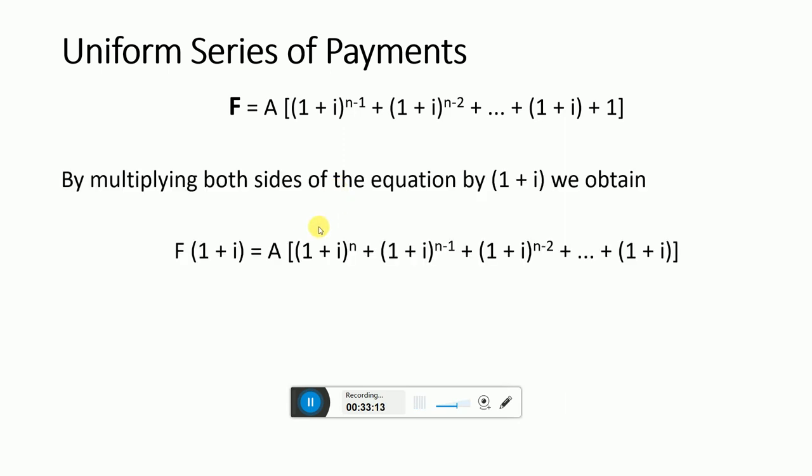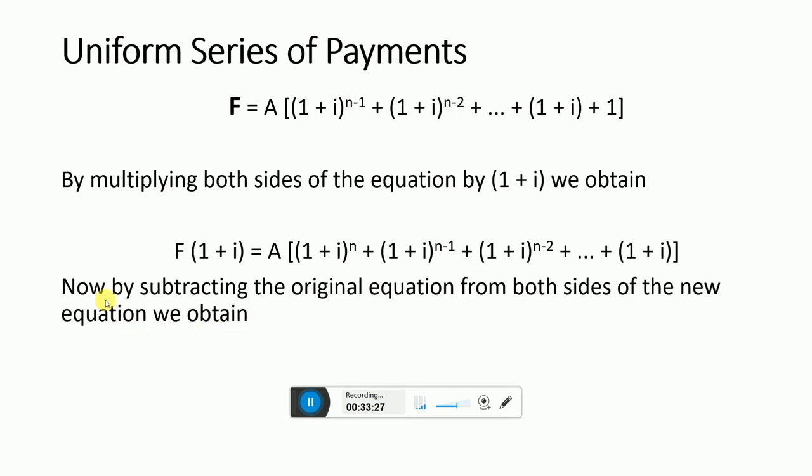So now, this equation which we have discussed is the total equivalent amount F at the end of n period. So now let's multiply 1 plus I to both sides of this equation. So multiplying both sides with 1 plus I, we obtained this equation.